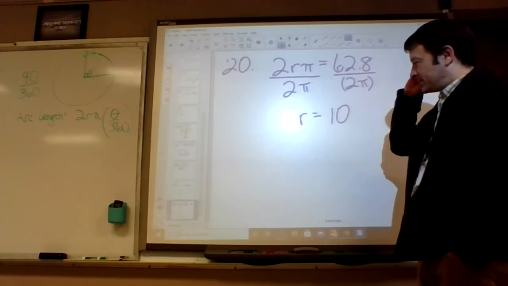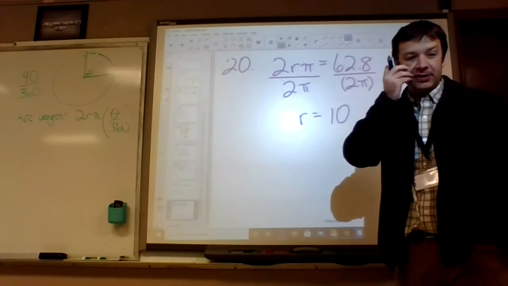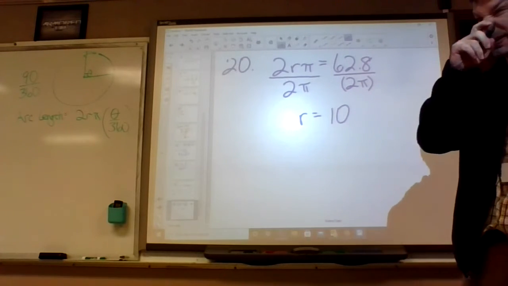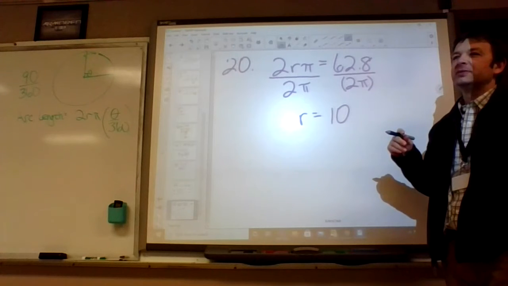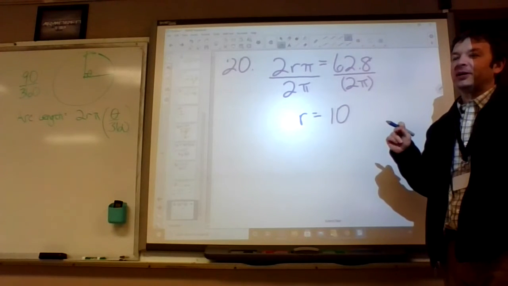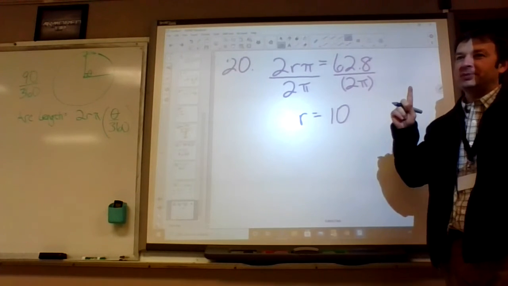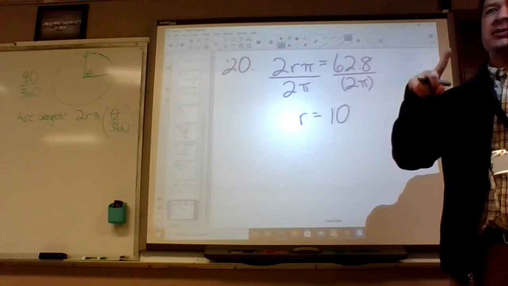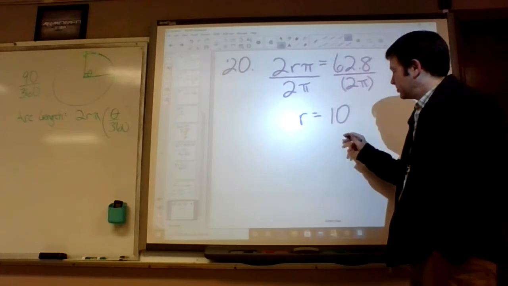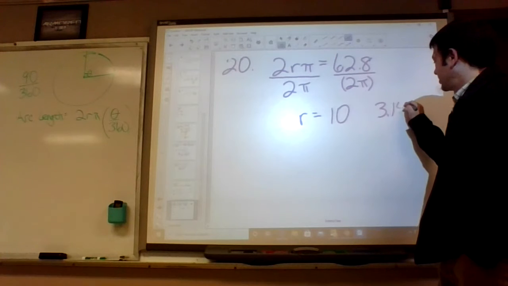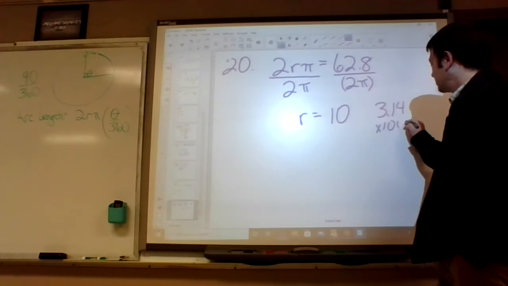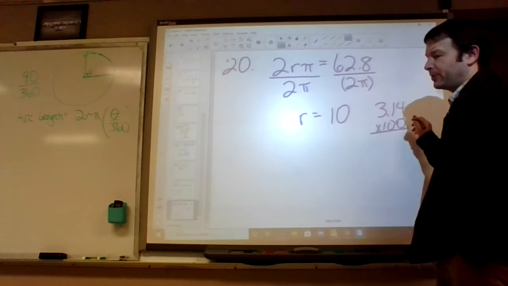Okay, if the radius is 10, the area is, you guys should be able to do this one without a calculator. 10 times 10 is 100, 100 times pi, or 3.14 times 100, I mean.